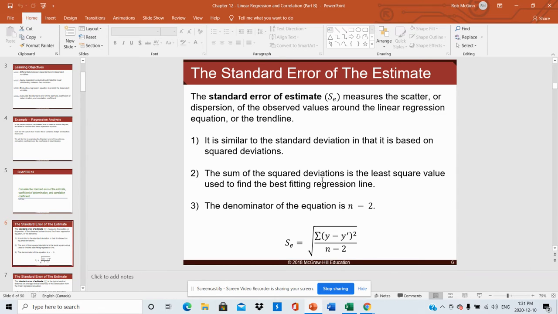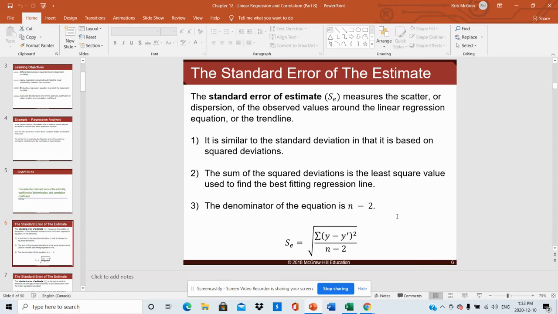It was using the sum of squared deviations to find the least square value for that line. And the denominator for the standard error of the estimate is n minus 2. This is because we're looking at two variables, so we subtract 2 degrees of freedom, one for each variable.